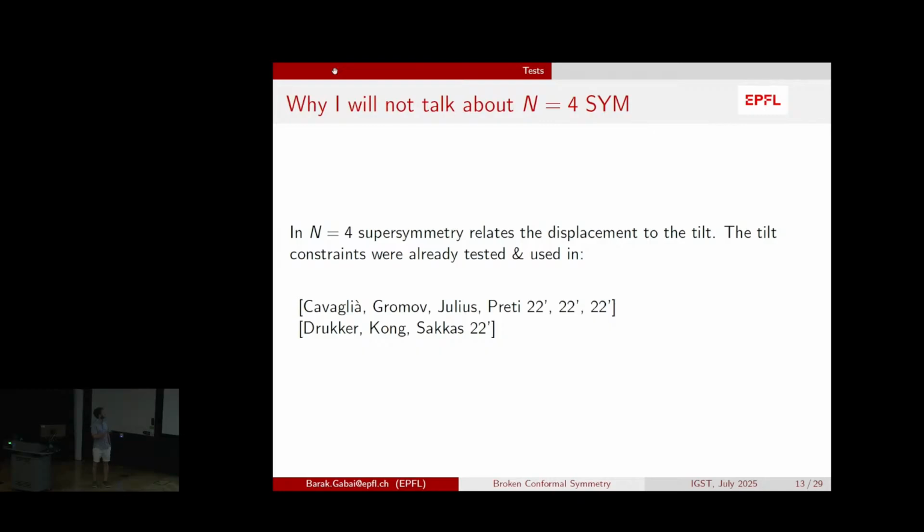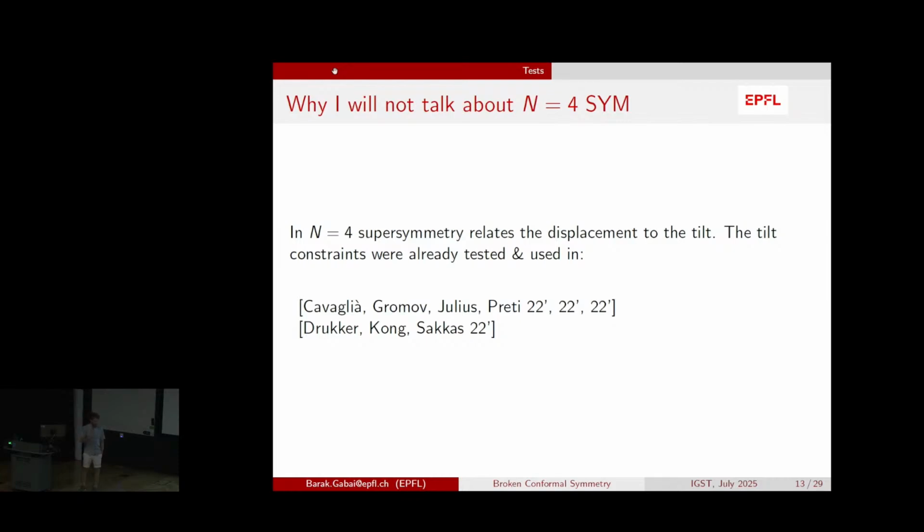Okay. So first, maybe I should say why I won't review the n equals 4 example, which might be the most fitting for the room, in a lot of detail. And the reason is that, in a sense, it was done before. So in n equals 4, the displacement and the tilt operator are in the same multiplet. And maybe I don't remember if I said it, but on the previous slide I said that the constraints for tilt operators were already derived before we derived these constraints for displacements.